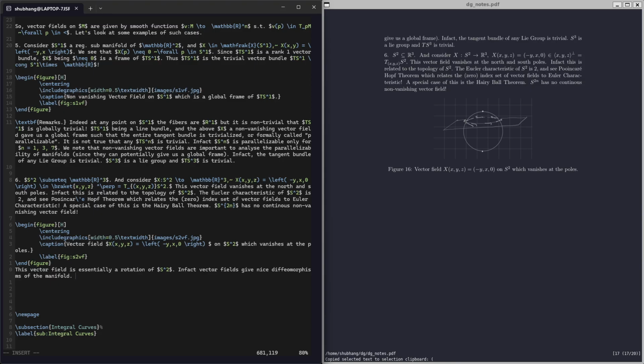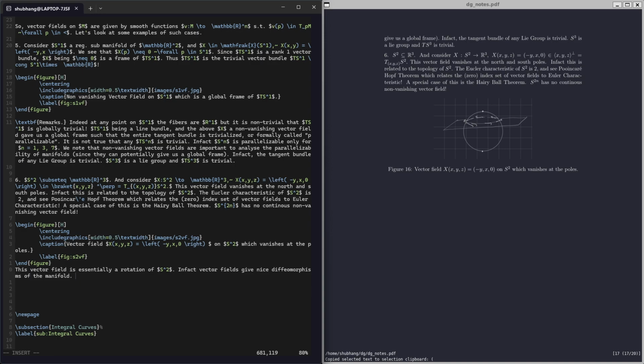In fact, vector fields give nice diffeomorphisms of the manifold. We will see next, through integral curves and one-parameter groups of diffeomorphisms of the manifold. Integral curves are basically curves whose derivatives are given by these vector fields, right? Very interesting stuff.